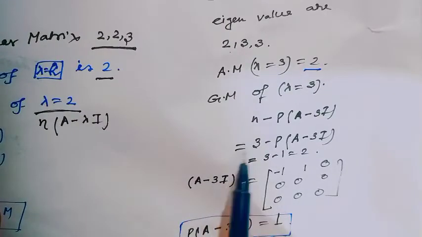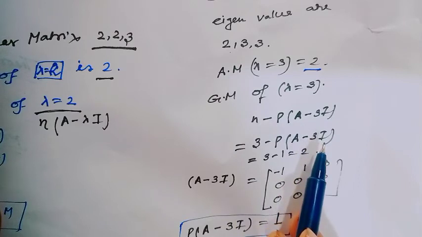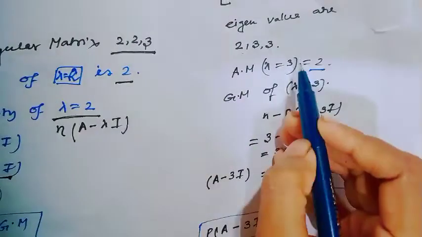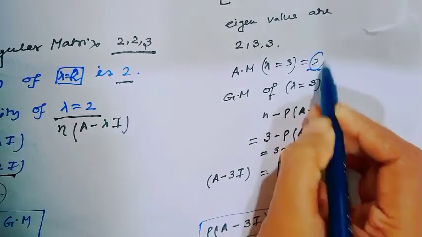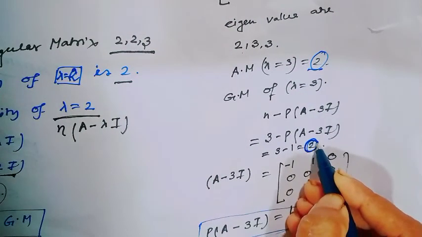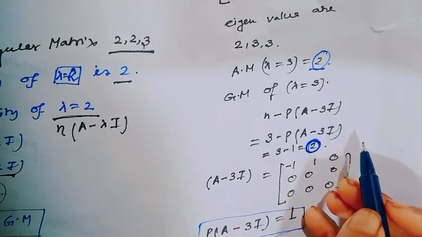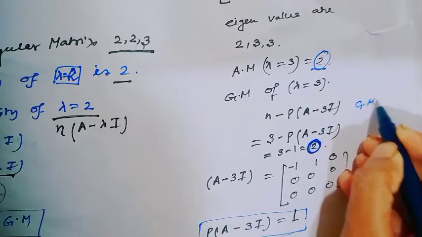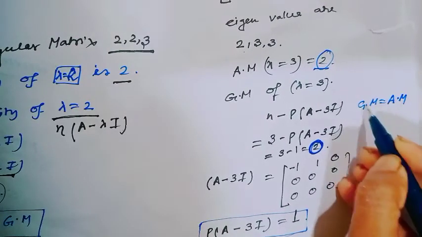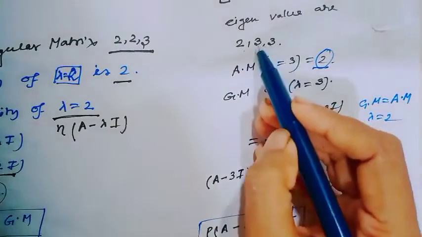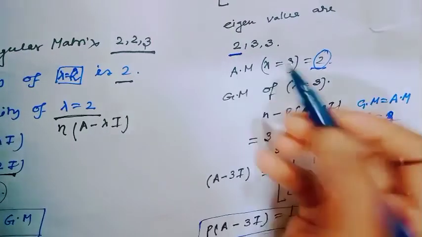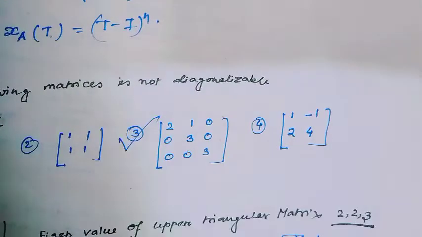So the geometric multiplicity is 2. Since the algebraic multiplicity of 3 is 2 and the geometric multiplicity of 3 is 2, A is diagonalizable, because the geometric multiplicity is equal to the algebraic multiplicity for lambda equal to 3 and the other eigenvalue is distinct. So option 3 is a right option.